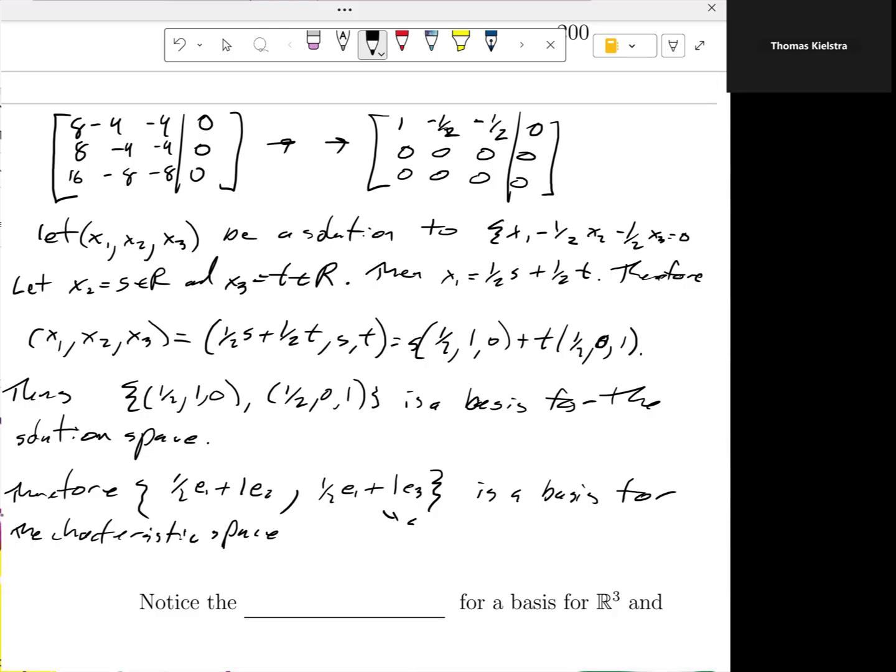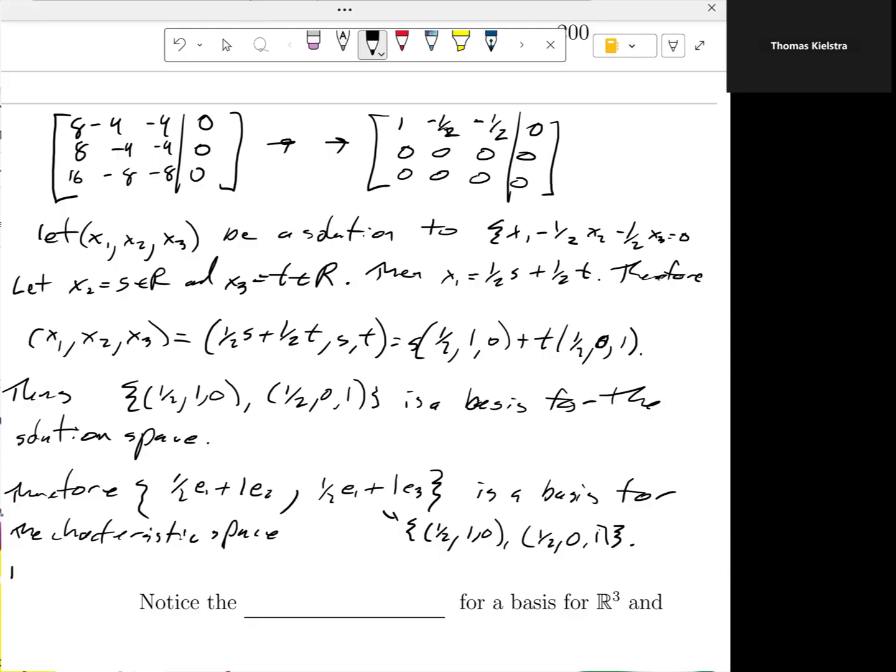Now this set happens to equal the set {(1/2, 1, 0), (1/2, 0, 1)}, which was our original set. But again, that's because we used the matrix representation in the standard basis, and we used that nice set.